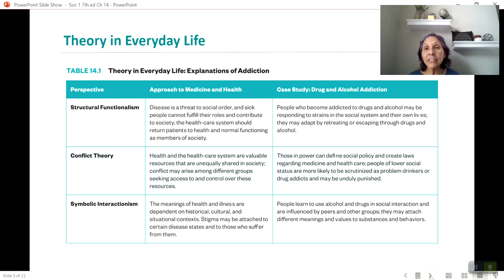And then symbolic interactionism. Symbolic interactionism is focused on, again, how we give meaning, the social construct of what it means to be healthy or what it means to be ill. And much of the way we construct meanings for health and illness depend on historically how we have thought of certain illnesses, certain diseases, but also partly culturally and situational contexts.